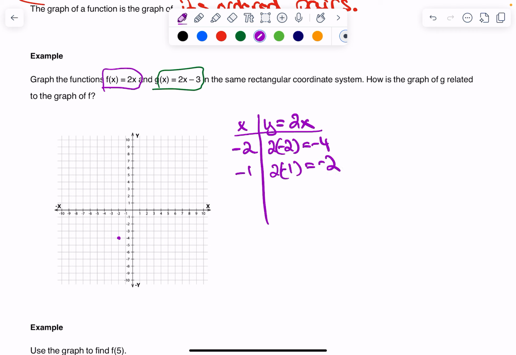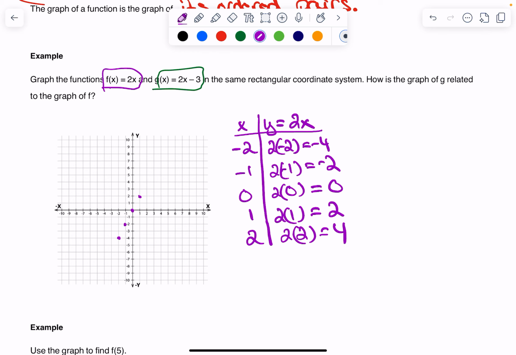So -1 and -2 is right here. 0, 2 times 0 is 0. So that's our point. 1 is going to be 2 times 1 is 2. So 1 and 2. 2 is our last one. 2 times 2 is 4. So 2 and 4. So you need at least 3 points to make sure that there's not a mistake.